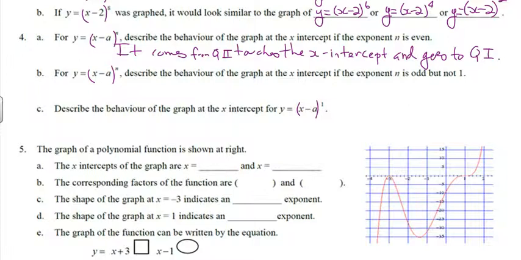Okay, so where are we? If it's odd, what does it do? We are going to say it goes from quadrant 3, which is down to the left, and crosses the x-axis.